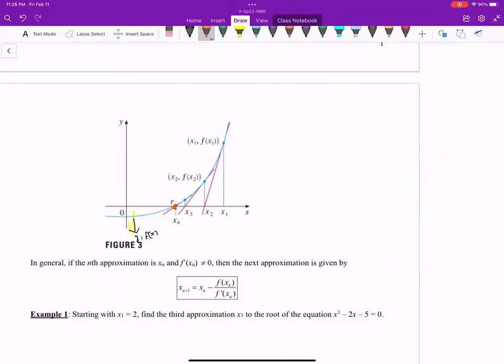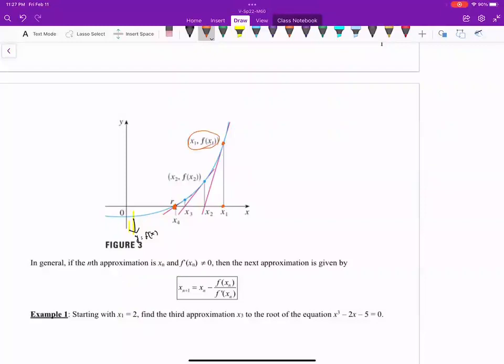Now we have to find an approximate root for the equation, which could be done by the mean value theorem, by sketching the graph, or using graphing calculators. First, we do the first approximation, which is, let's assume, x1. Then if you draw the vertical line, it meets the graph at (x1, f(x1)).